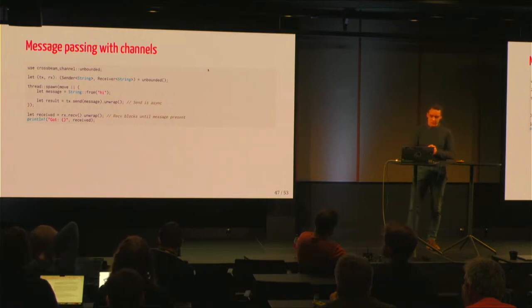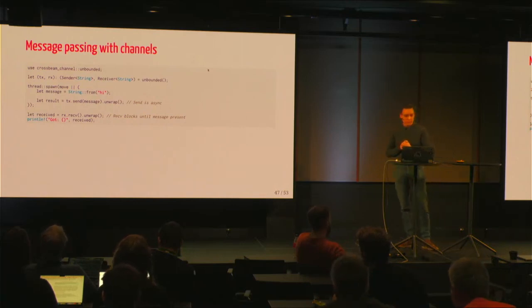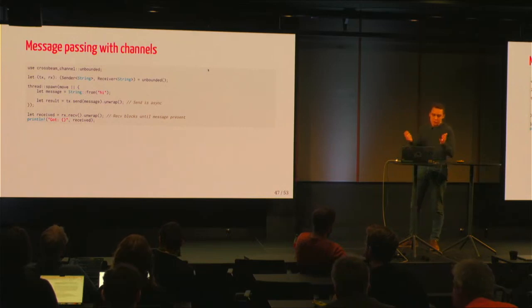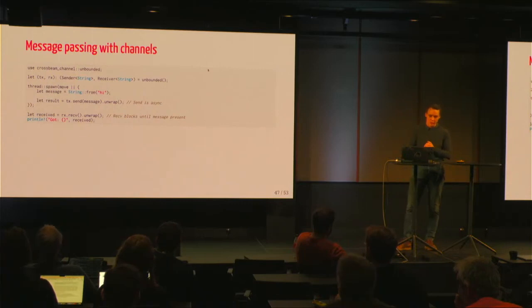And as we saw earlier in the workshop, we have the lambdas or the closures here, the curly brackets, which represent the body of the thread. We also say move before the closure, which means that whatever we use inside the thread, its ownership is moved inside. You don't have to move the ownership, but here we want to, which means that this tx, the sending part of the channel, is moved into the thread.